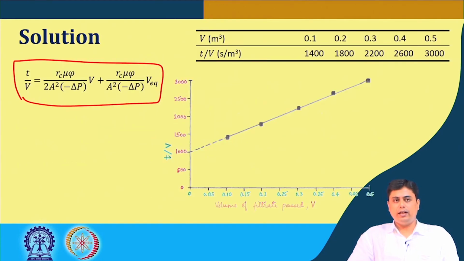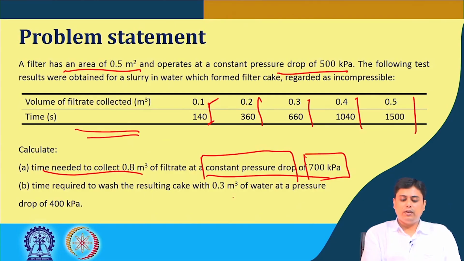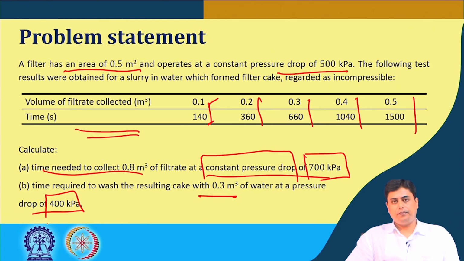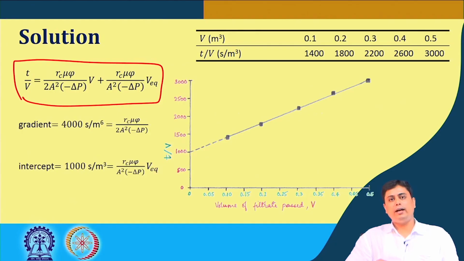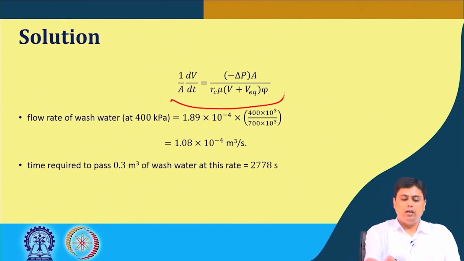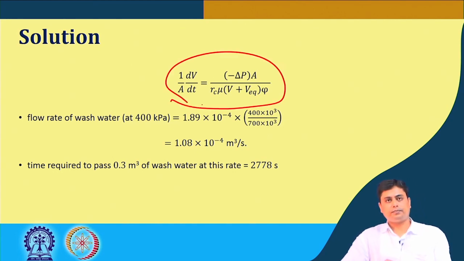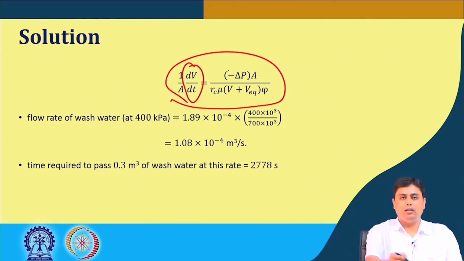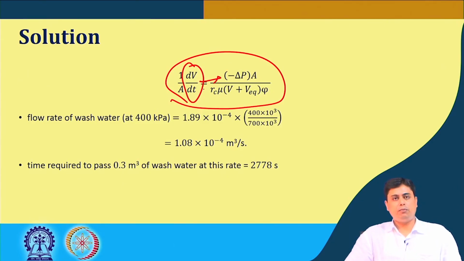But in the second question it is asked how much time it would take to process 0.3 meter cube of water at a pressure drop of 400 kilopascal. It is not at 700 kilopascal. So, washing is happening at 400 kilopascal. Again, if we refer to this expression, what we observe, as we have also mentioned earlier, is that this filtration rate is directly proportional to the pressure drop.